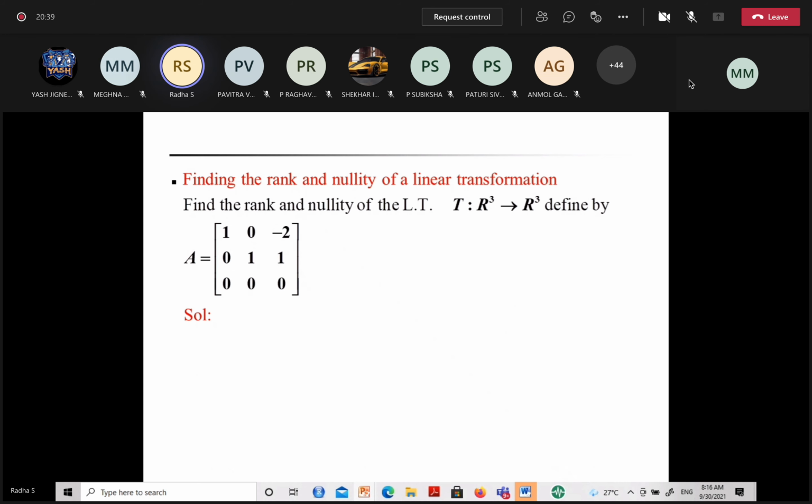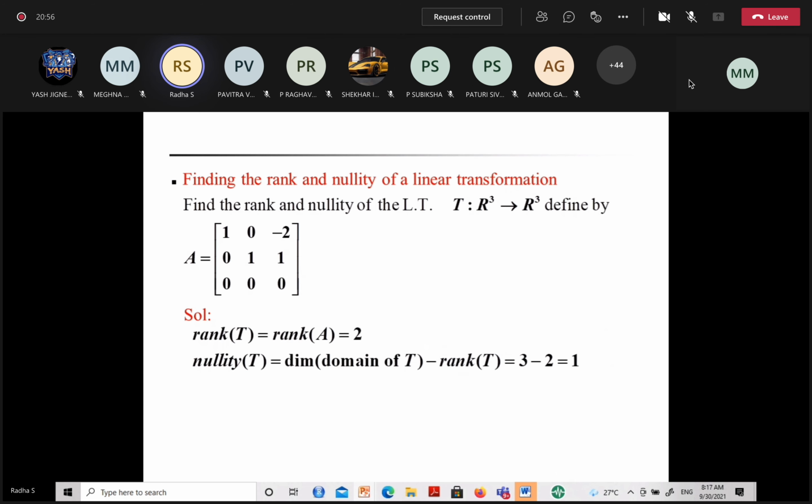Can you just see this and say what could be the rank of the linear transformation? This is the rank of the matrix. So what is the rank of the matrix? 2. Right? Yes, 2 here. So you know very well, rank plus nullity is equal to what? The dimension of the domain.